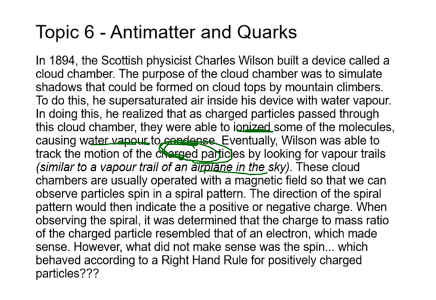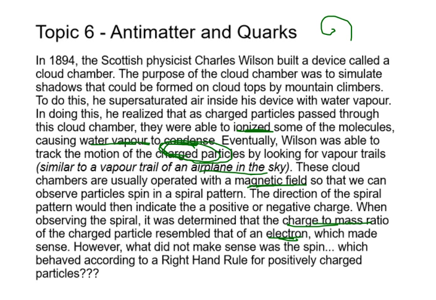So he found these particles that he had no idea what they were, and they behaved very strangely because he found the charge to mass ratio. So he discovered the charge to mass ratio, and they were the charge to mass ratio of an electron. But when he put them inside of a magnetic field, they actually spun this way.